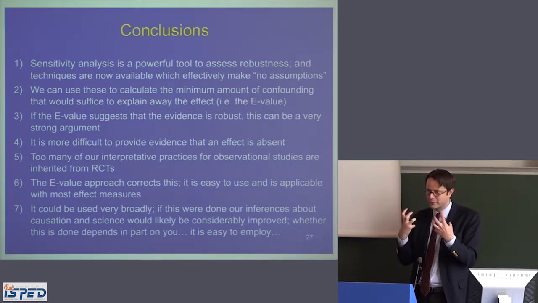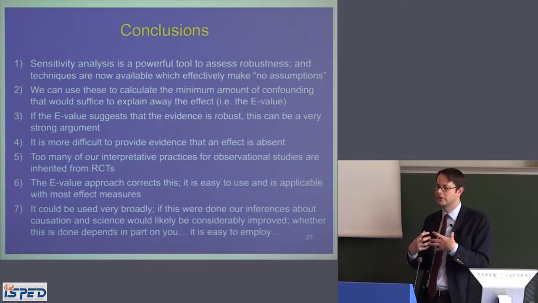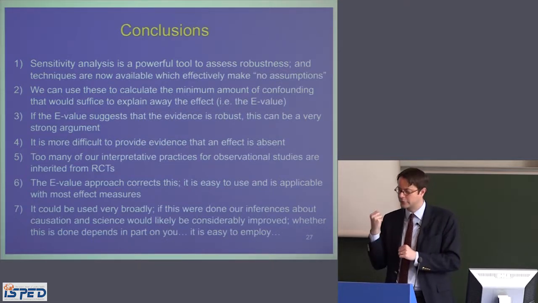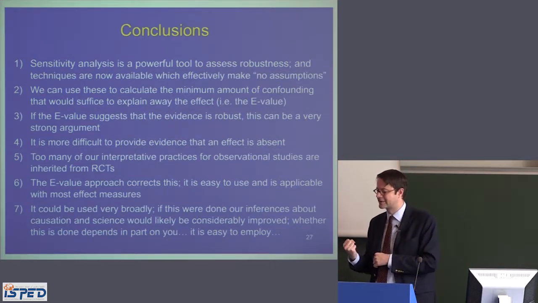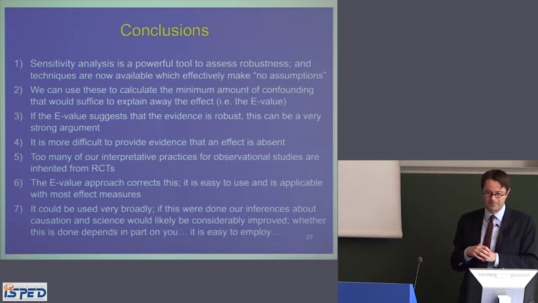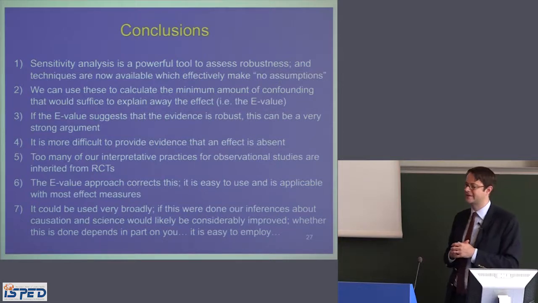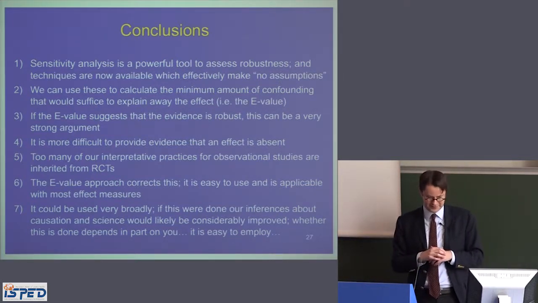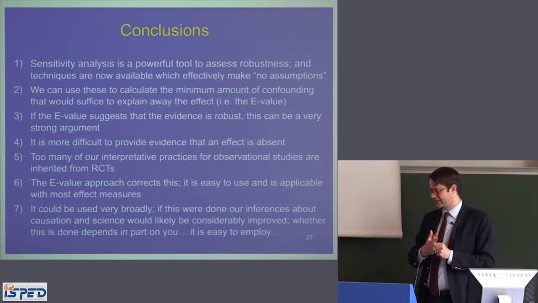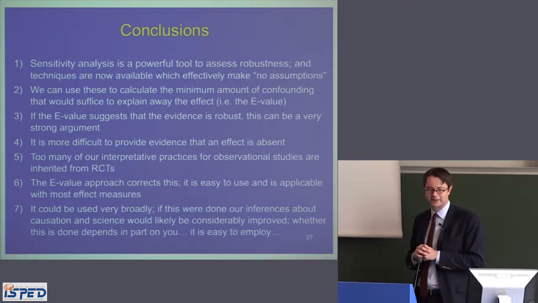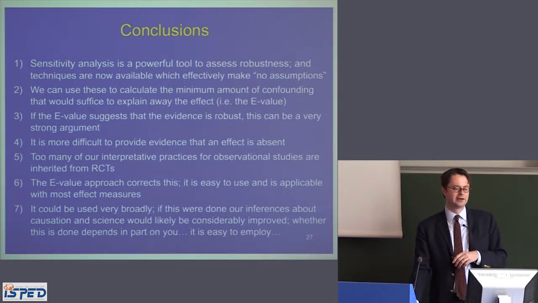And I think if we took more seriously this issue of unmeasured confounding and how robust our conclusions are to it and how strong our evidence for causality really is, this would in part help address that problem. We can use this e-value approach to assess the minimum amount of unmeasured confounding needed to explain away the association. If we have an e-value that suggests the evidence is quite robust, then I think it can be a very strong argument, especially if we've already controlled for a rich set of measured covariates.